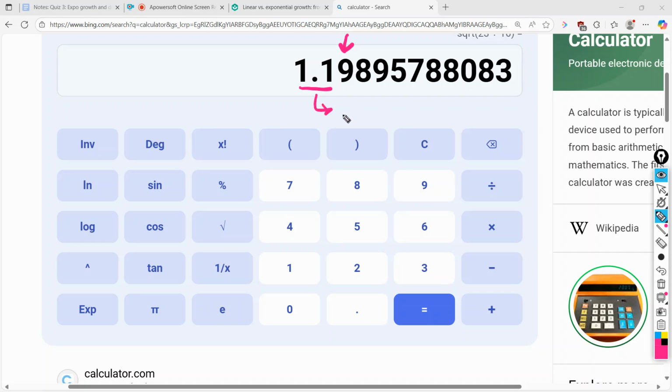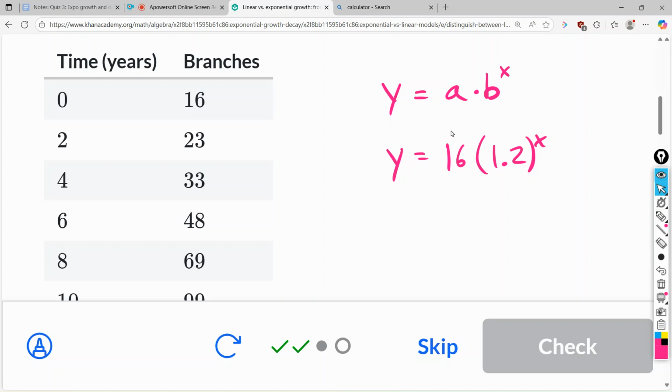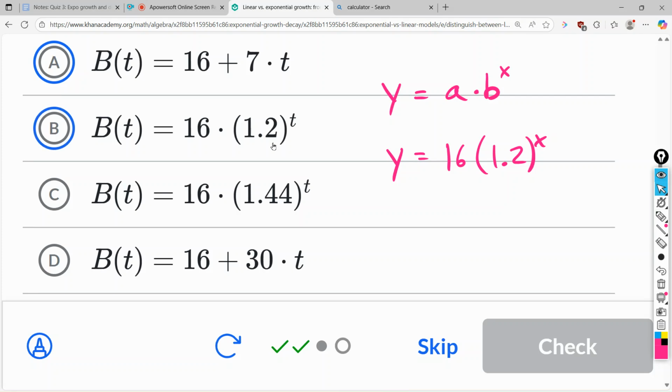So 1.1 is going to become 1.2. Okay, and that is going to be your value for b. All right, we said a was 16, and we said b was 1.2. 16 times 1.2 to the x or to the t, same thing right there.